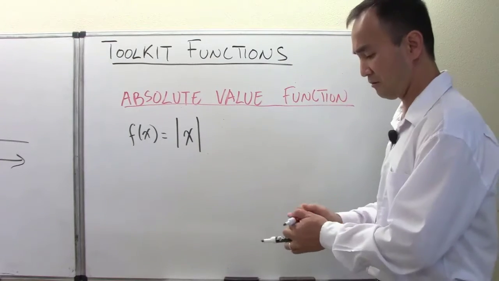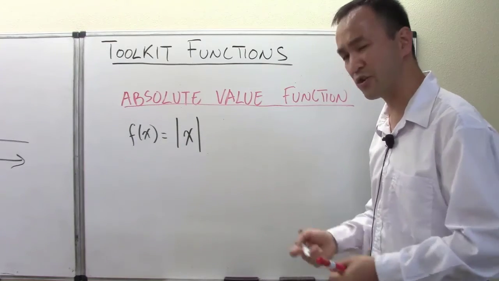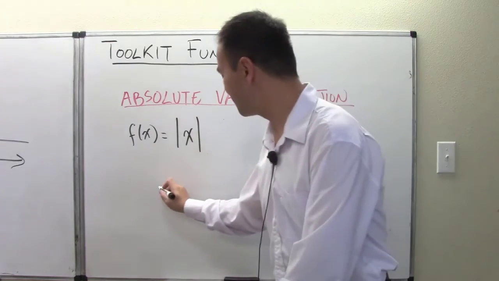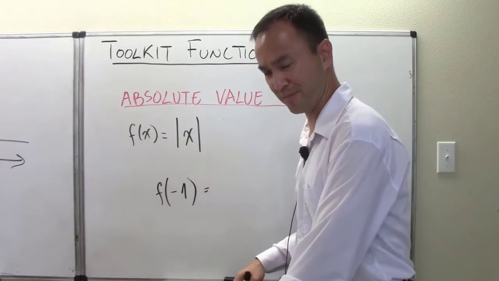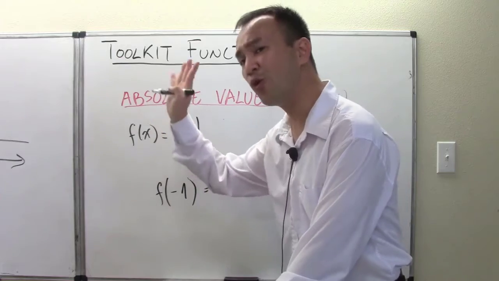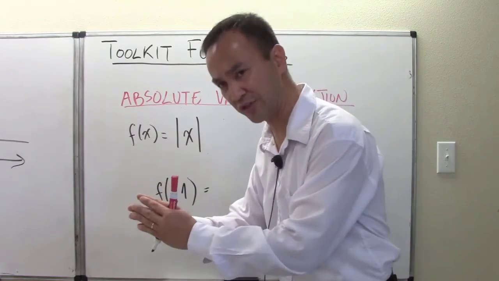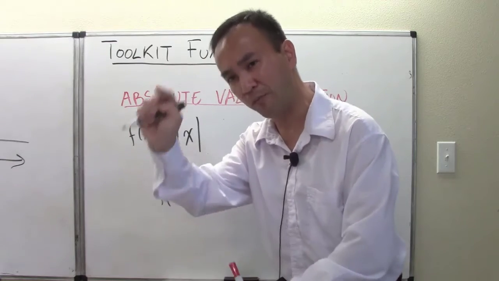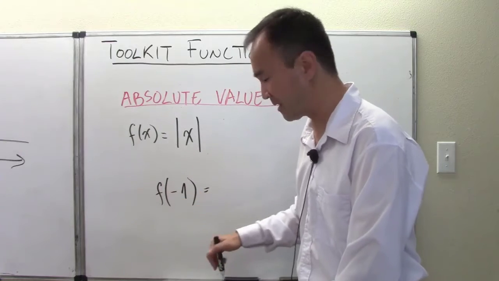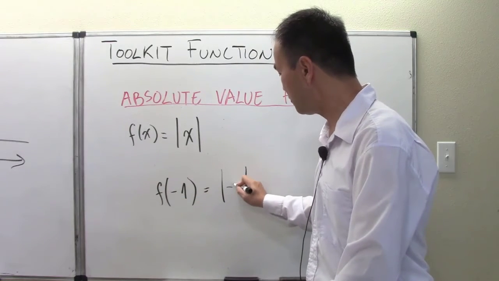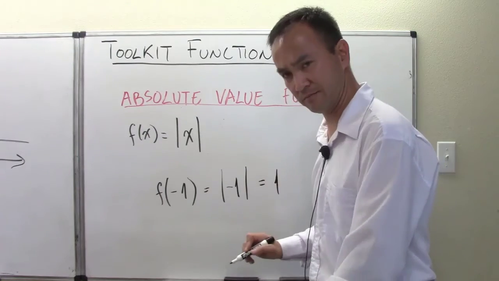All right, so let's briefly understand what absolute value does for you. When you give an input -1, for example, the rule of the function tells us to take the absolute value of whatever input that is. So when we give this function the input -1, the rule says take the absolute value of -1, which in turn will give +1.